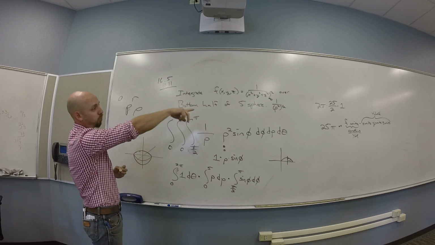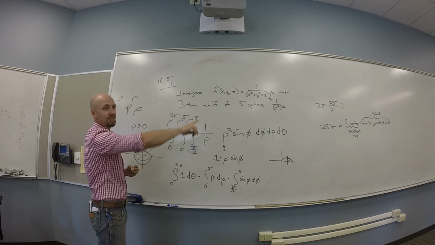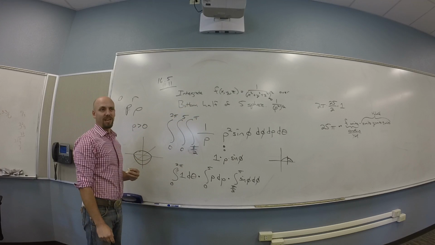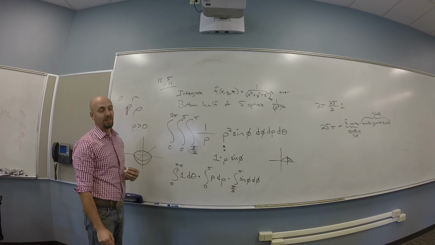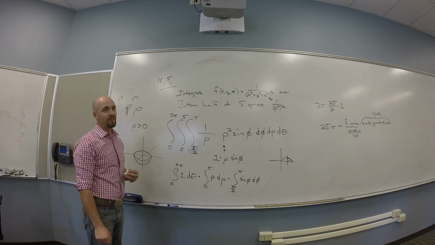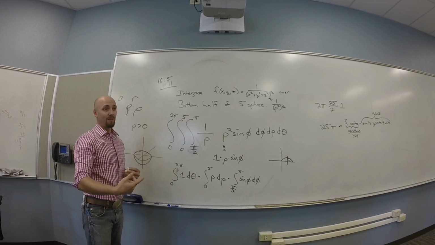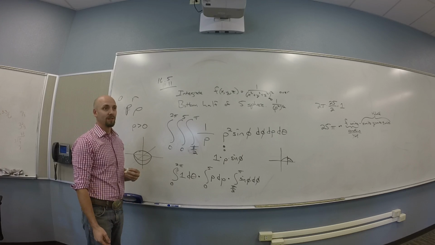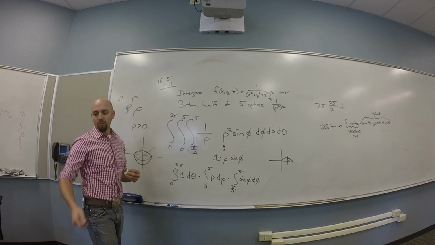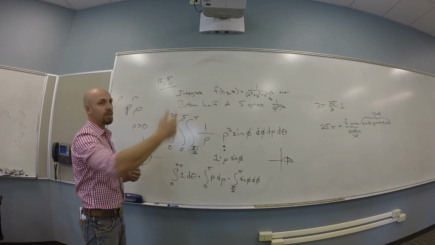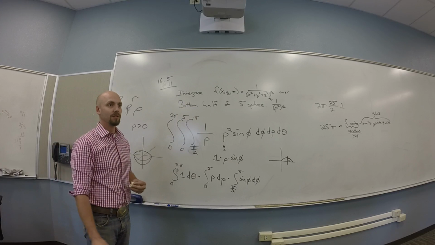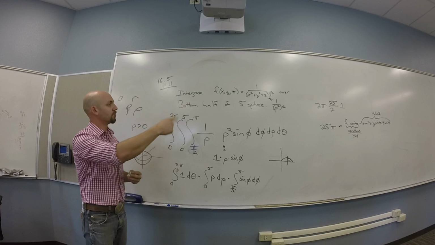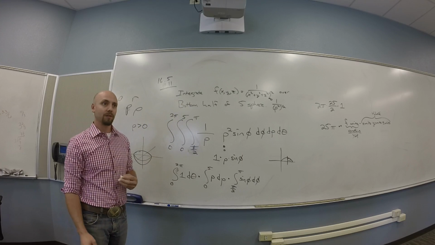Stuff that looks like 1 over rho, that's inverse linear. That's not so common in the world. Inverse square is really common. That's stuff like gravity or friction in a pipe or something. So one thing this could be, right, is like total energy loss to friction or something, which you would get with a 1 over rho squared if you were doing the appropriate thing.